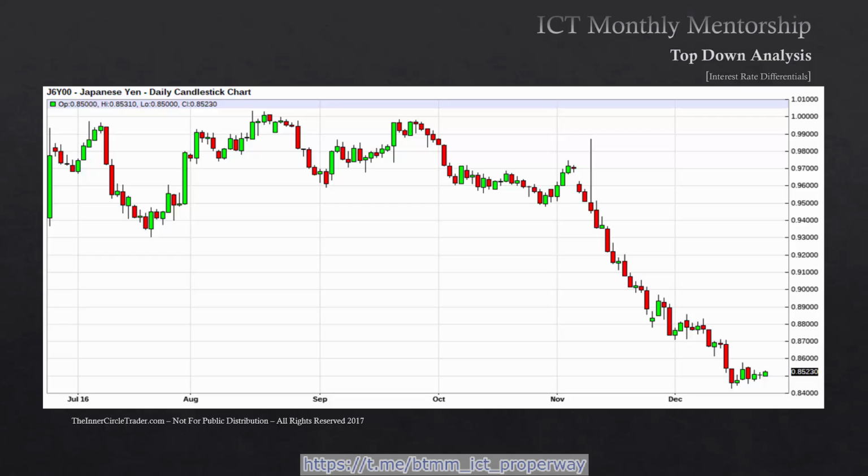All those factors were leading up to those commentaries. This was the basis behind it all: having the higher yielding interest rate of the dollar versus the weaker interest rate of the yen, and coupling that with the technicals that we teach or use in the inner circle trader repertoire. It gives you these massive price moves based on a higher time frame premise.